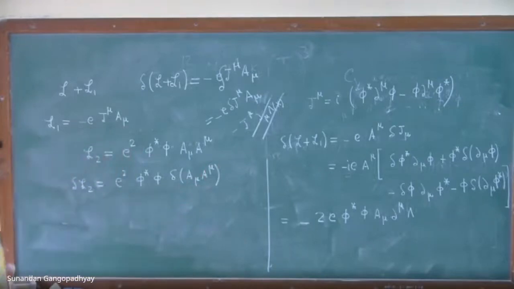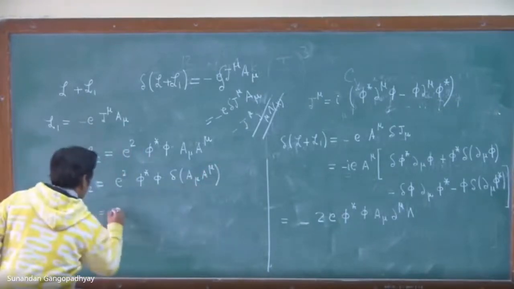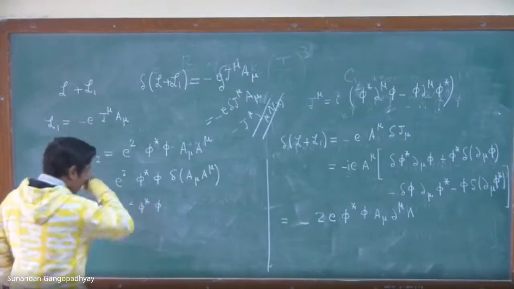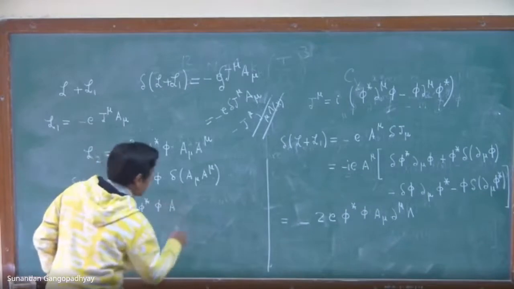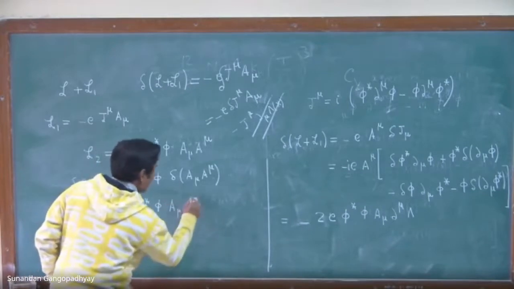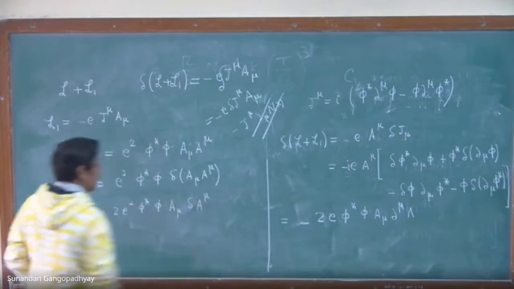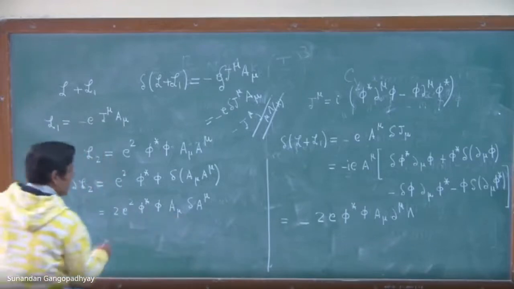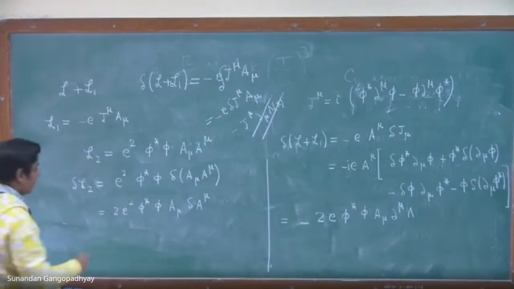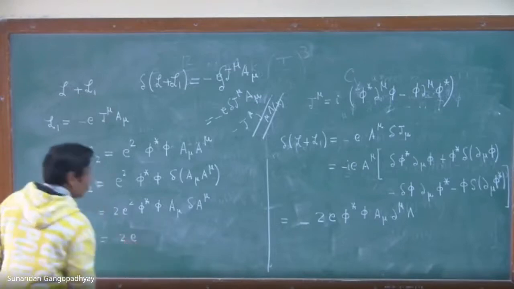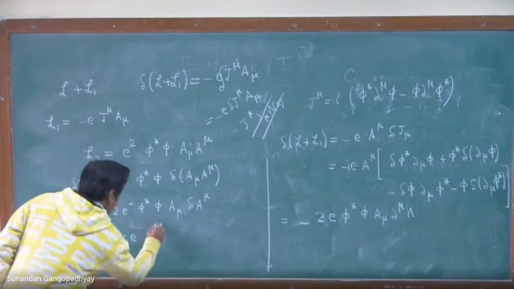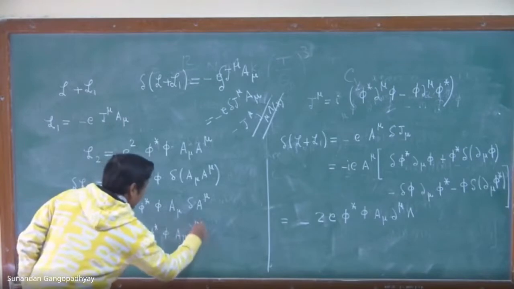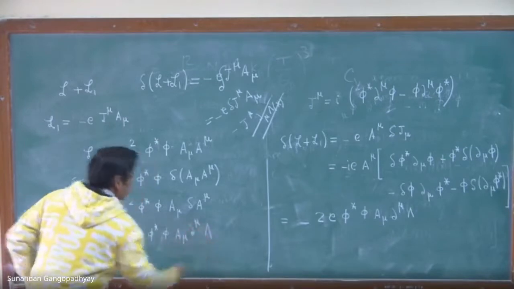You can write this as twice E square phi star phi A mu delta A mu. But what is delta A mu? You know delta A mu is 1 by E del mu lambda. So therefore now you get 2E phi star phi A mu del mu lambda.